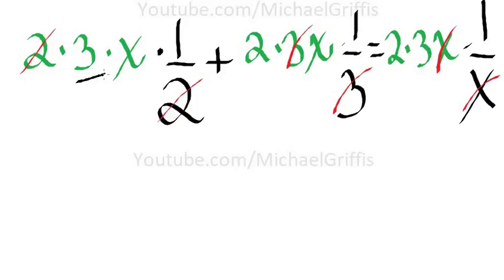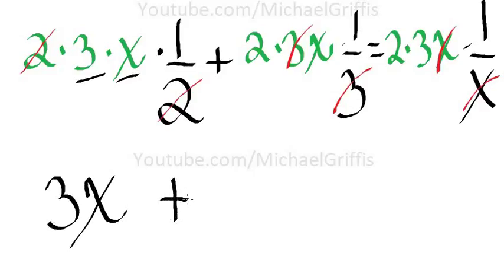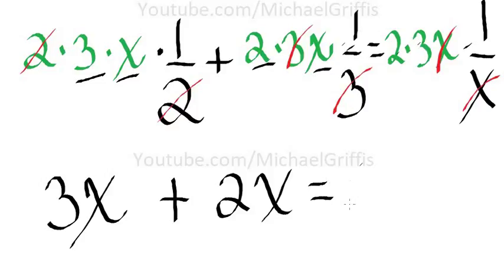So let's go through now and clean this up. We have 3 times X times 1, which is just 3X, plus 2X times 1, so that's just going to be 2X, is equal to 2 times 3, which is 6, because our X is canceled out.